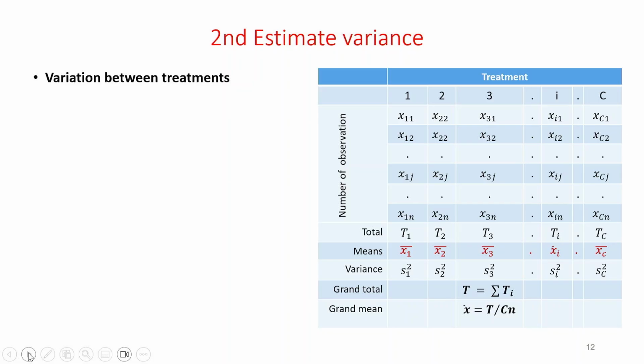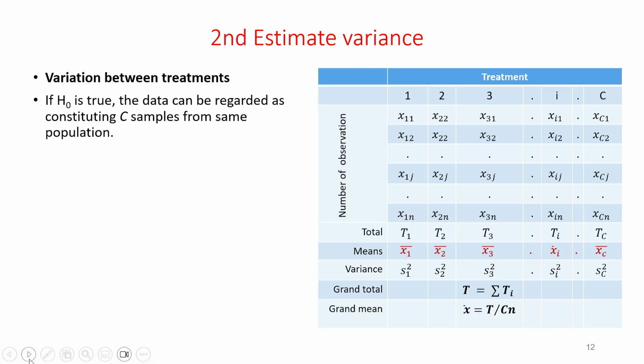The second estimate of variance is variance between treatments. For that, if H0 is true, the data can be regarded as constituting C samples from the same populations, as if I am choosing C samples from the same populations.